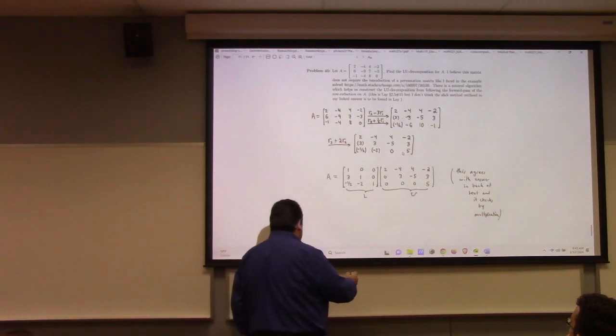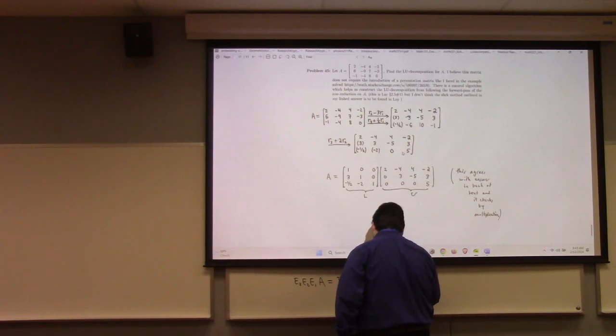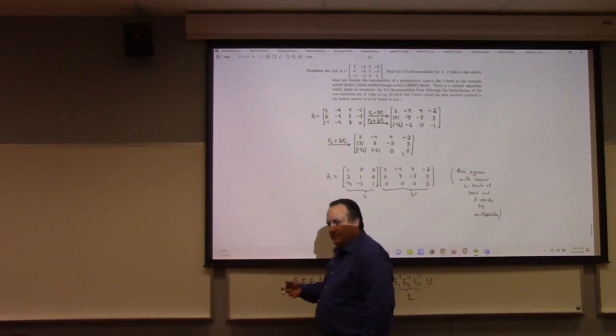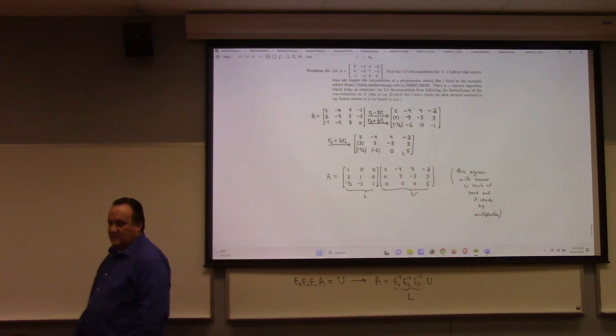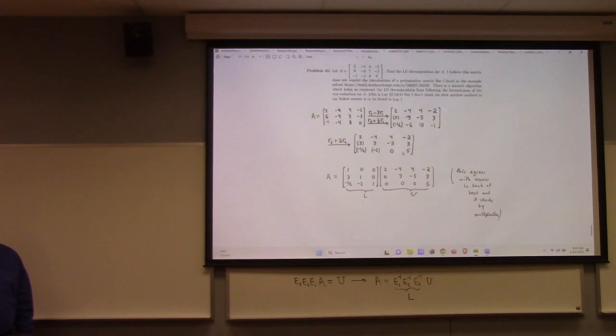And so if you take that, you solve for A, it gives you A is equal to E1 inverse E2 inverse E3 inverse, I believe, times U, right? But this right here is the L. And so that's why the parenthetical thing that we're doing works like it does, is because it's just being formed by the product of the inverse elementary matrices, which to get those, you just flip the plus to a minus for the row operation is all. And it's just this, as long as there's no permutations.